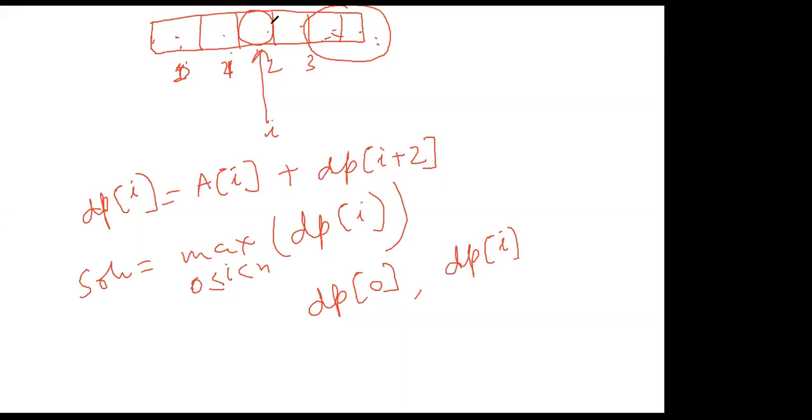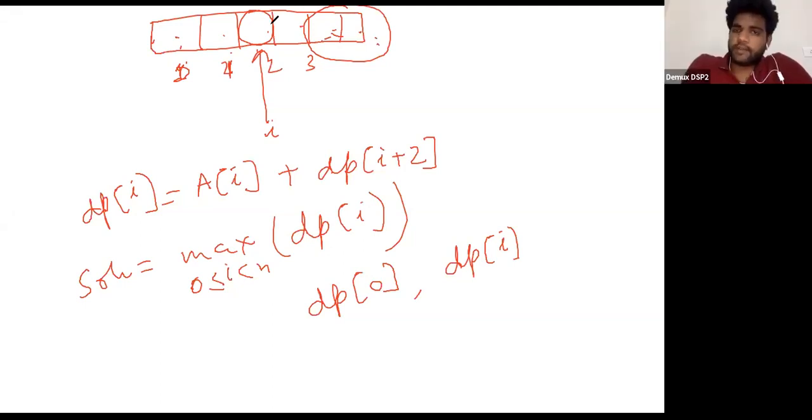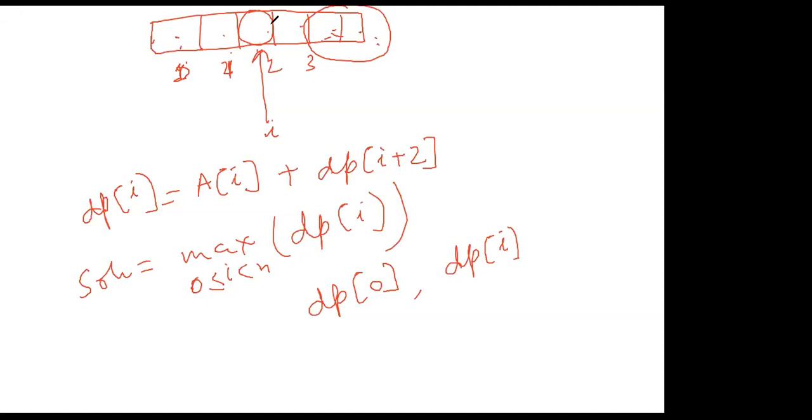Sir, how can you say with certainty that whenever we rob i, we need to rob i plus 2? We don't need to rob i plus 2. You are computing it as that, right? dp[i] is equal to a[i] plus dp of i plus 2, where dp suggests that we are robbing that particular index. So whenever we compute dp of 1, we will compute it as a1 plus dp of 3.